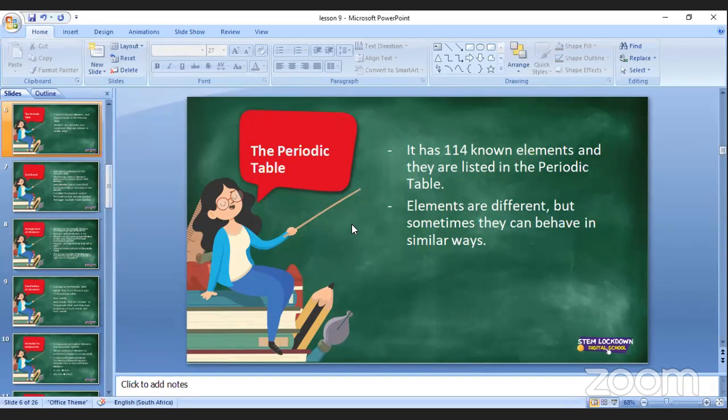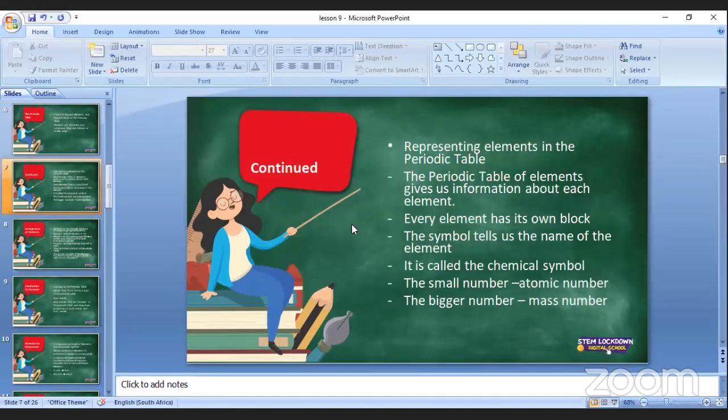We said that representing elements in the periodic table will be a symbol. A symbol of an element in the periodic table will tell us the name of the element. And the elements are in blocks there in your periodic table.